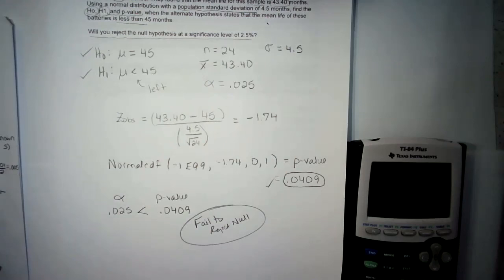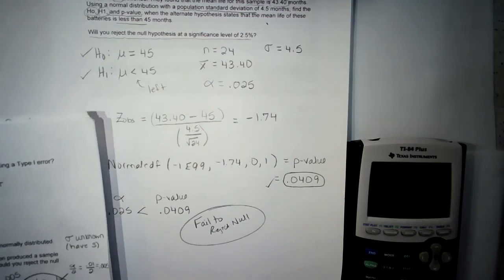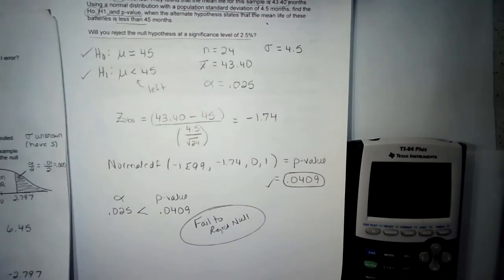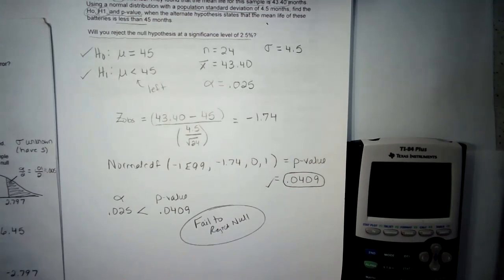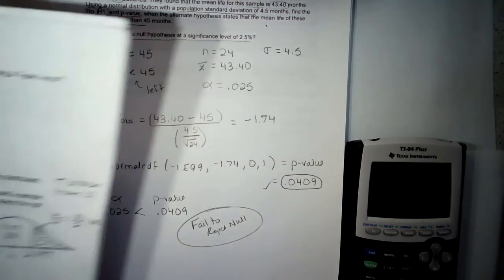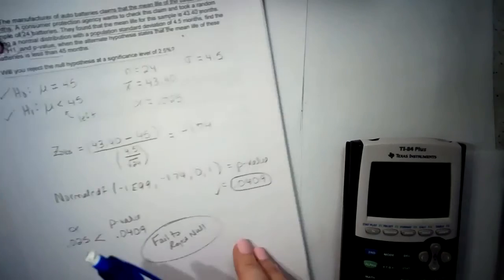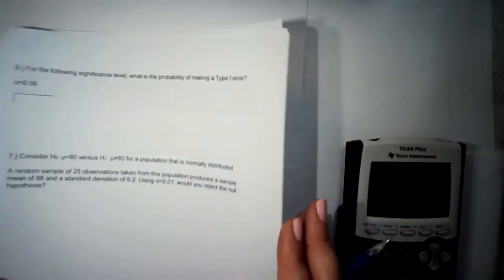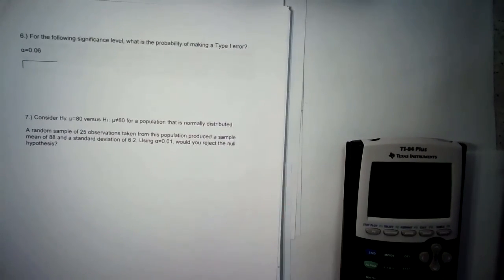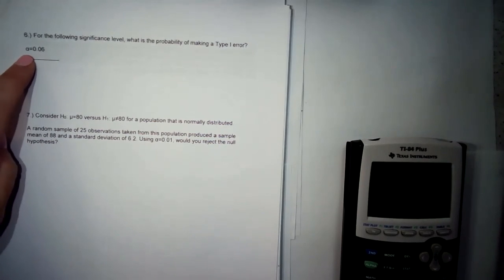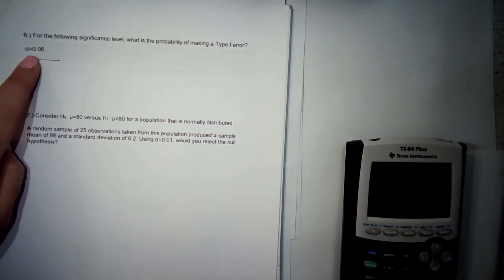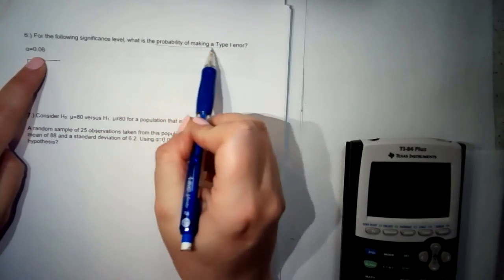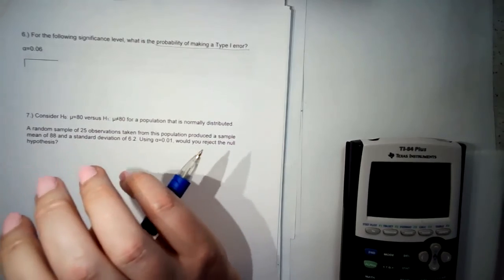Okay. All right, so number 6 says, for the following significance level, what is the probability of making a type 1 error? All right, you got to go back to the front of either the cheat sheet or the front of the packet. But if alpha is 0.06, that is the probability of making a type 1 error.